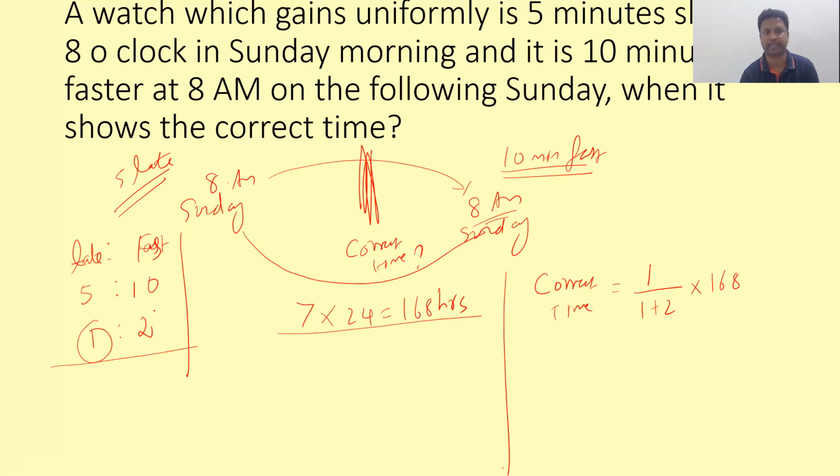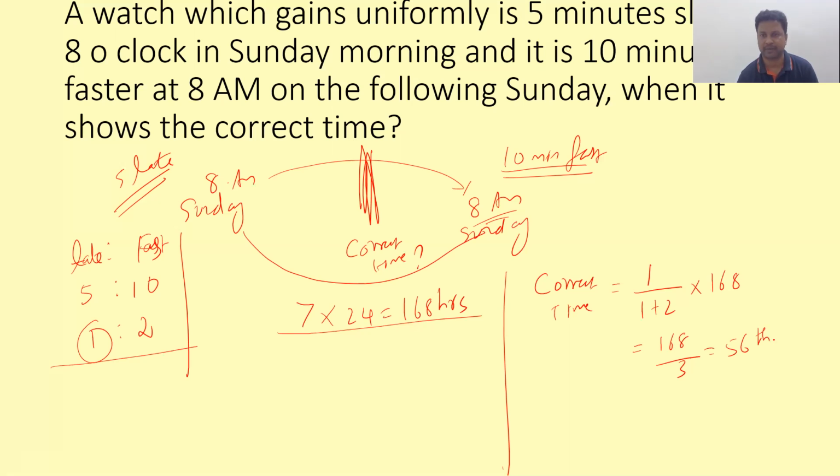Then it keeps on increasing, gaining minutes. So while completing the first part, very very important, the clock will show the correct time. So 1 upon 1 plus 2 into 168. The answer is 168 divided by 3, which is 56.